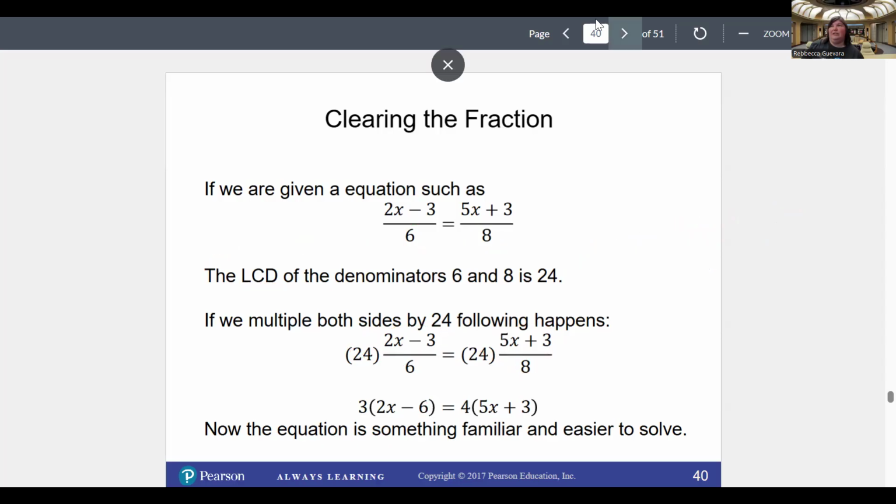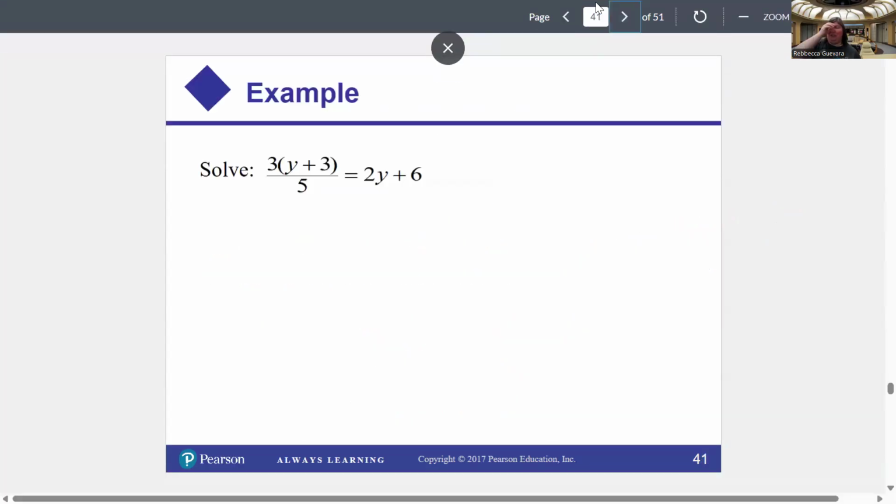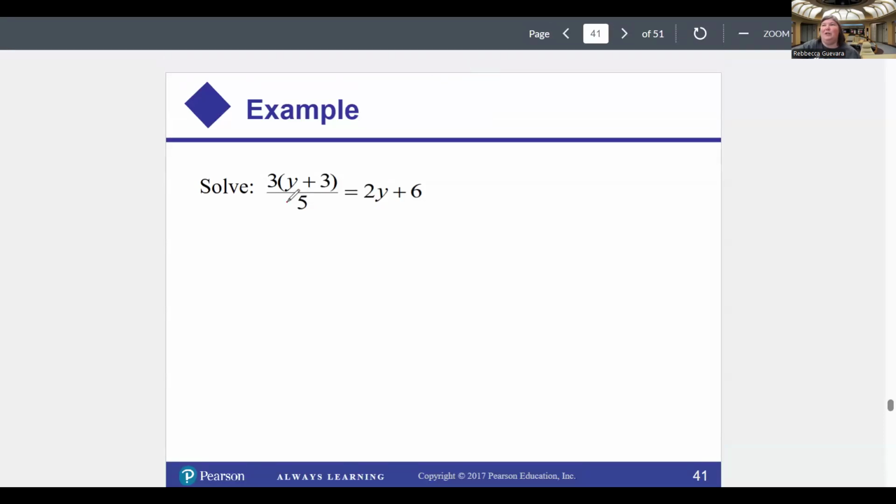So there's a lot of variation on clearing the fractions. We're trying to make it a little easier for us. So this one, I only have one number that I have to worry about, and that's this 5, because this one only has a divisor of 1, really. So we're going to multiply by 5.